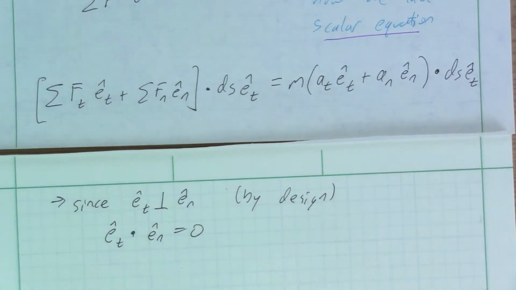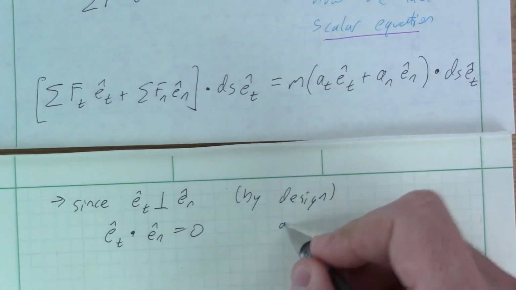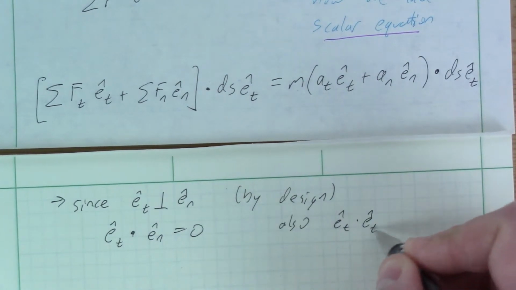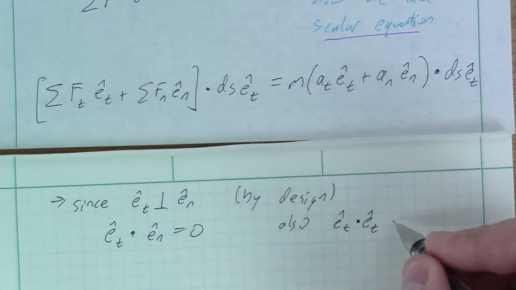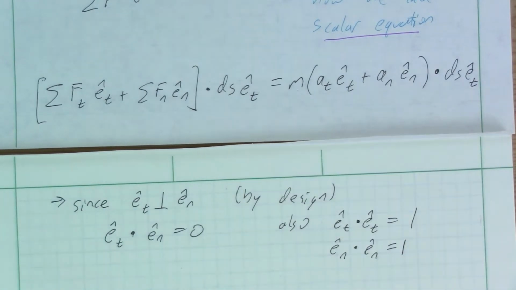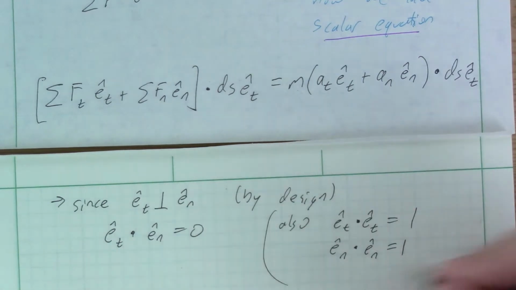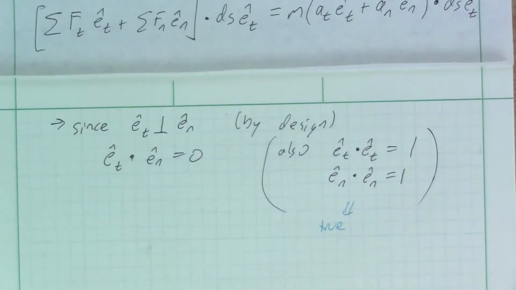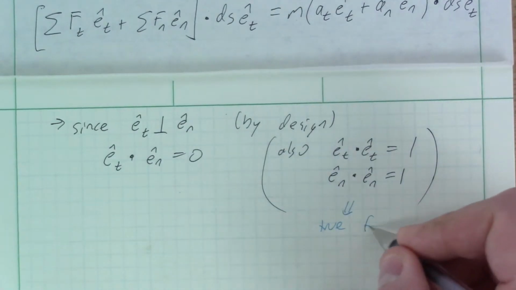That's true of any two perpendicular vectors. Also, when we dot e_t into itself, and this is true of any unit vector, so it's also true for e_n, you're just getting the magnitude squared, which is 1.